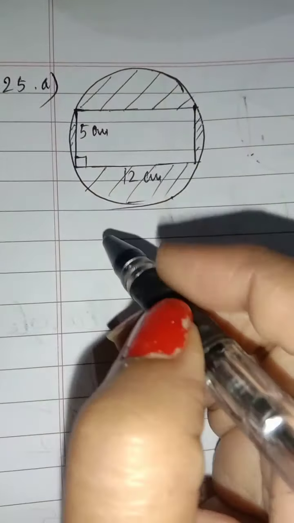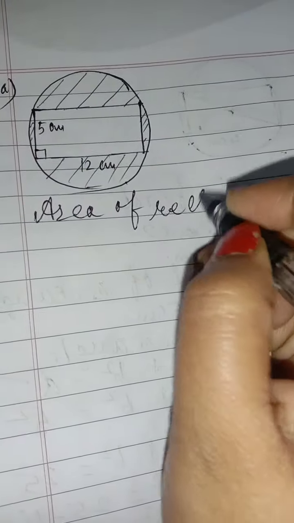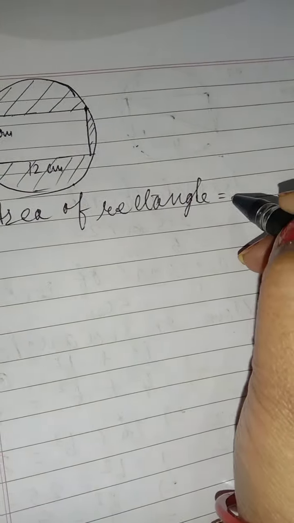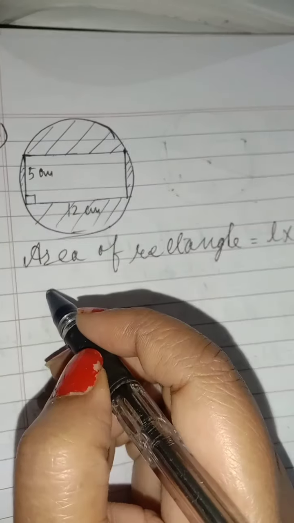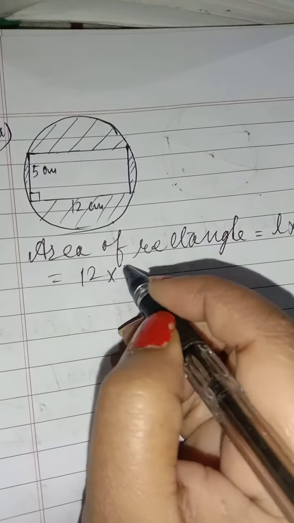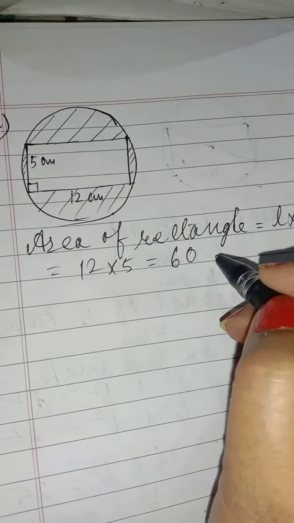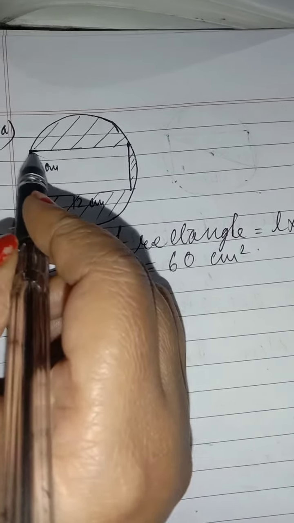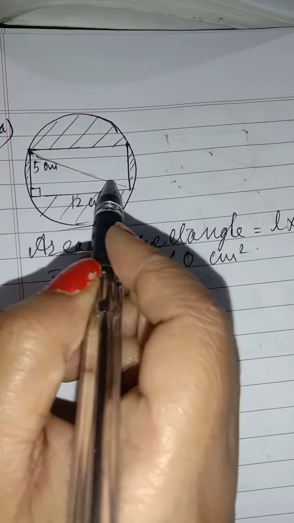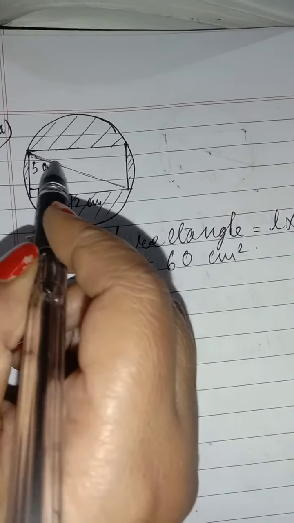So area of rectangle equals its length into breadth. So it's 12 into 5, that is 60 centimeters square. Now let us find the diagonal, because the diagonal of the rectangle will be the diameter of the circle also.